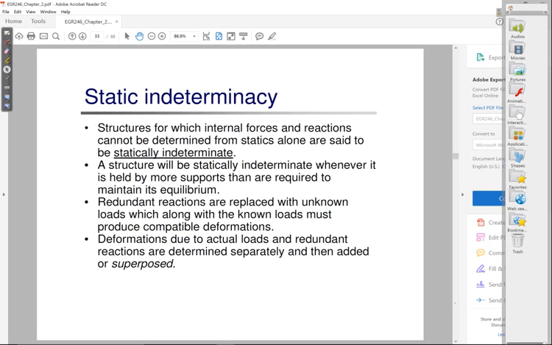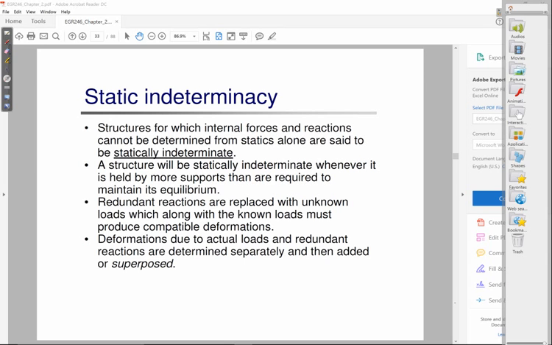Before we get into the actual problem itself, you'll see on this slide that I talked about superpositioning, this word, superposed. There's a principle that is extremely powerful and used throughout mechanics of materials. It's referred to as the principle of superposition, as you might imagine, and it's something you can do in Newtonian mechanics.